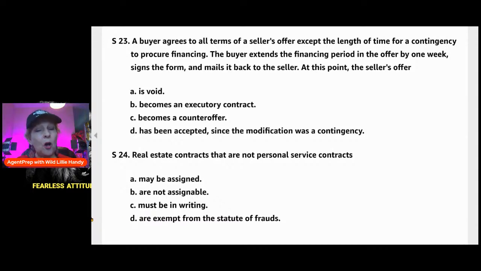I'm not saying always. Sometimes certain things will be a must. Like, according to TREC, a realtor must use the brokerage name on a sign or marketing. That's a must. But not here. The lease agreement doesn't have to be in writing. So not all contracts are a must. Got it?